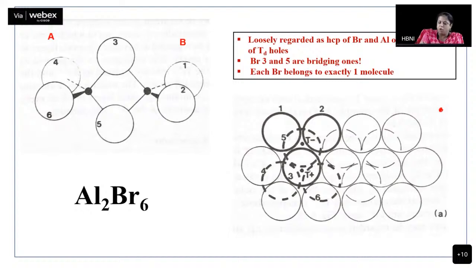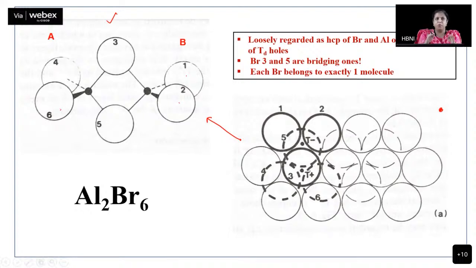Now, how is this associated? You try to relate this figure to this figure. Now, this is my Al2Br6 unit. Consider this is your A layer and consider this is your B layer of bromine ions. Try to relate 1, 2, and 4 and 6.